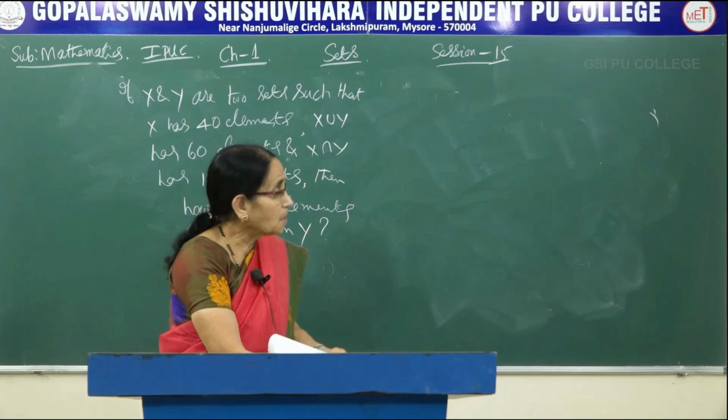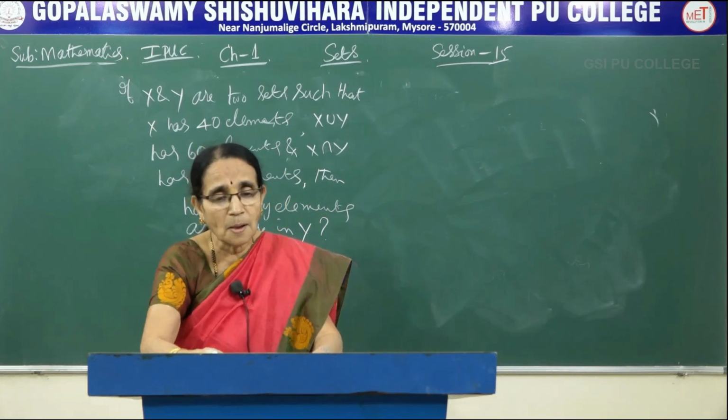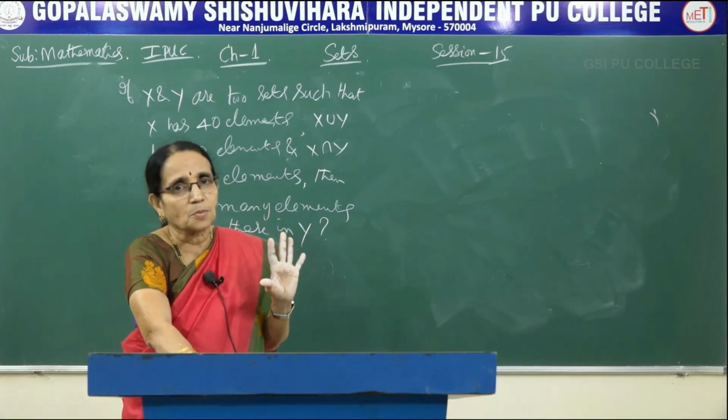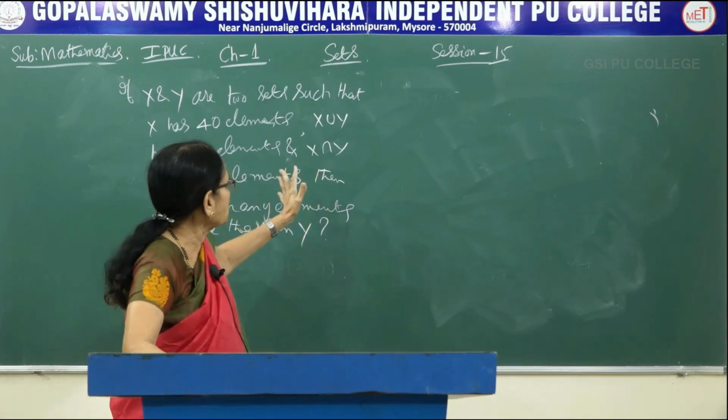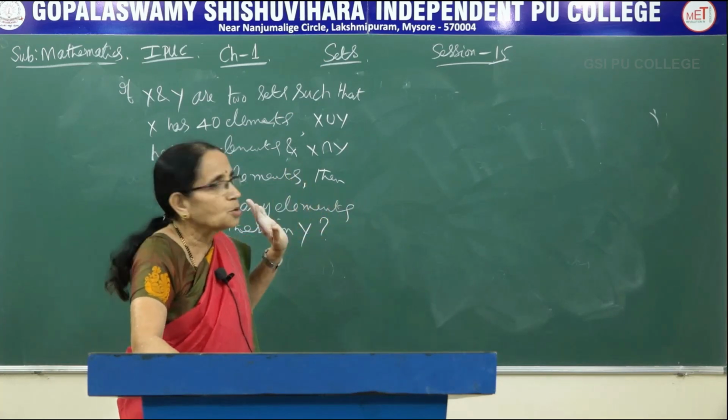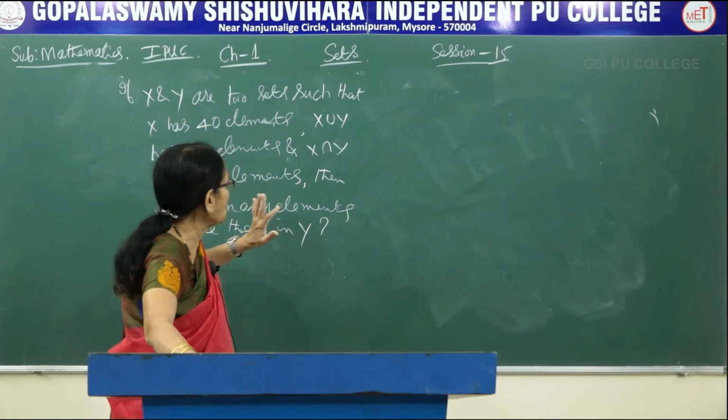That's what I told you just now, before I started this problem. In this formula, there are 4 terms: n of X, n of Y, n of X intersection Y, n of X union Y. Now, what's the data?